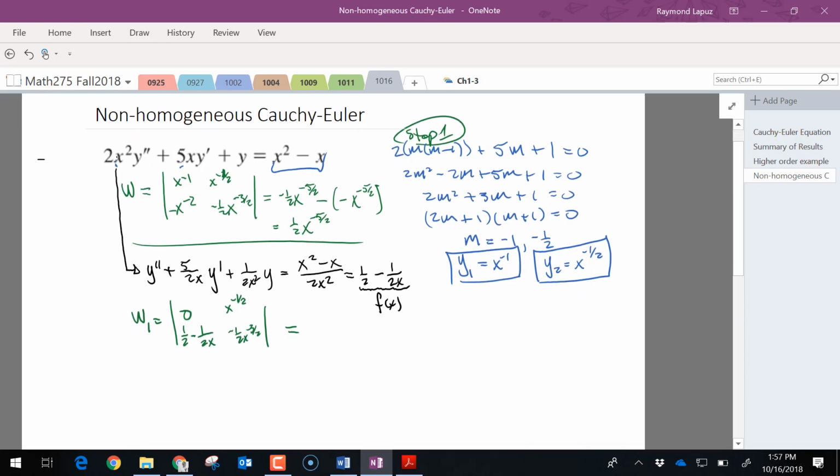So the 0, I figured if I put 0 there, I'll remember that it becomes a negative because I always seem to forget the negative here. So the determinant is going to be 0 times, and then x to the negative 1/2 times 1/2 minus 1 over 2x.